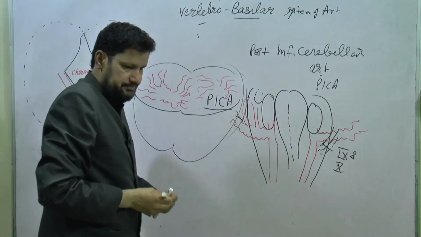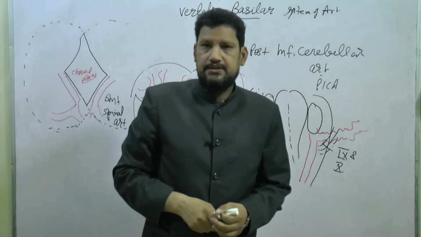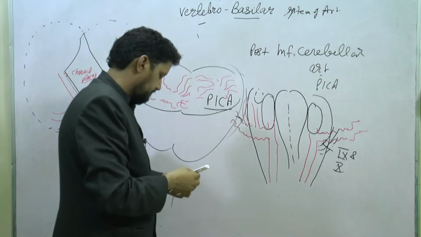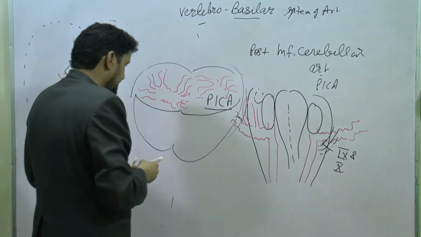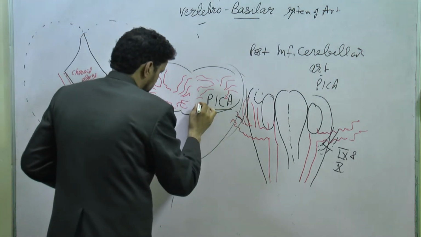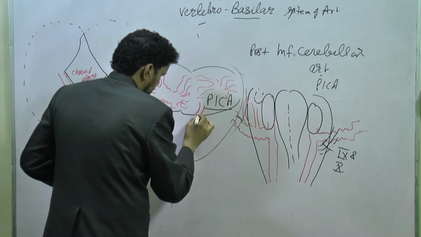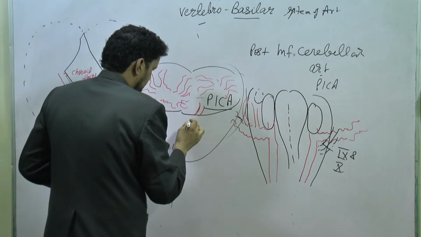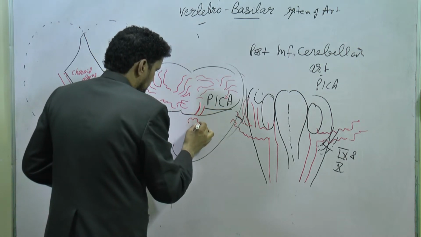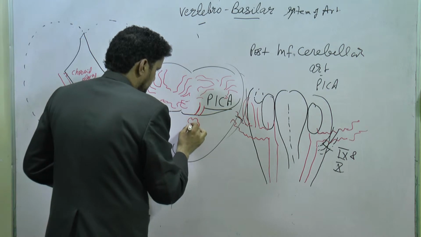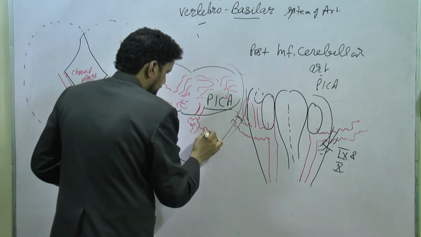A branch which is arising near the tonsil enters inside the cerebellum and provides blood to the dentate nucleus.